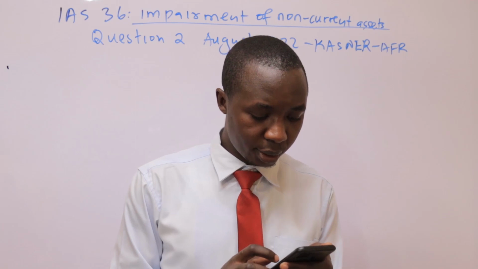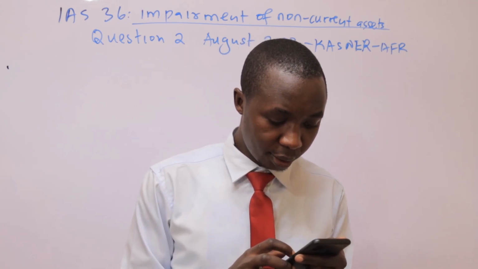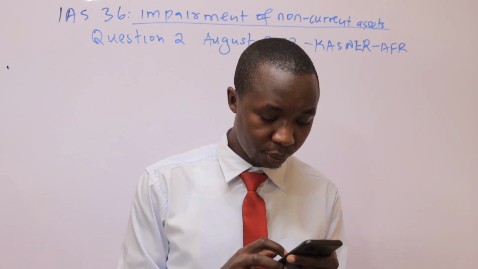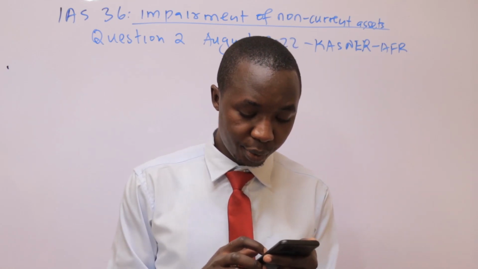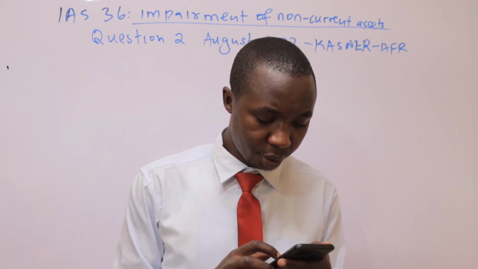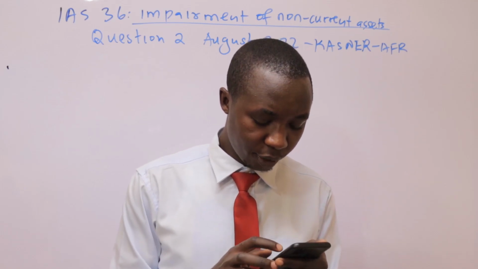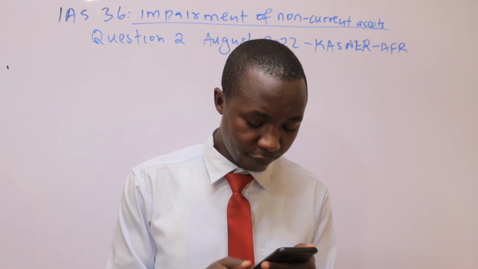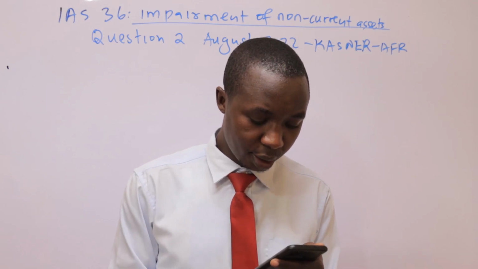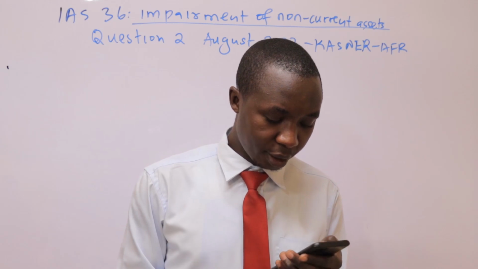The question says, B Limited operates a factory as its sole cash generating unit. During the year ended 30th April 2022, there was an explosion in the factory which necessitated an impairment review. The carrying amount of the factory assets was as follows: goodwill, patents, machinery, computer equipment and premises. You are given the figures there.